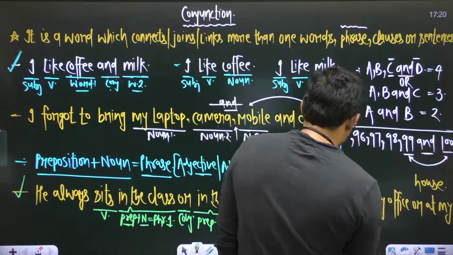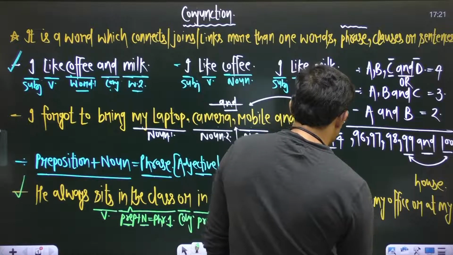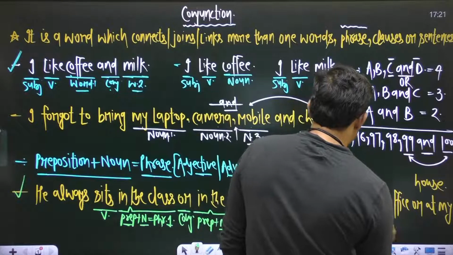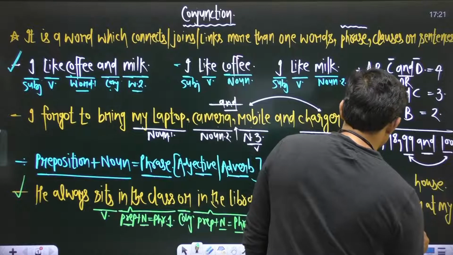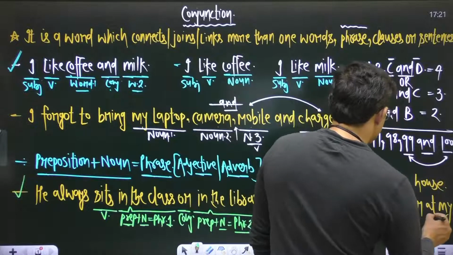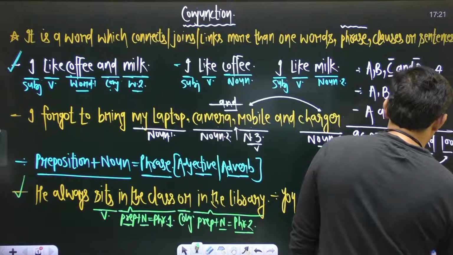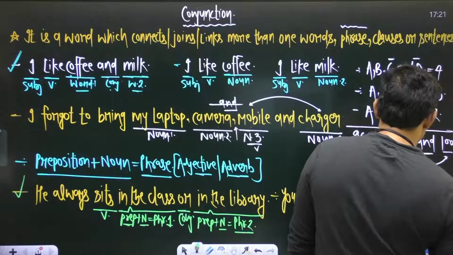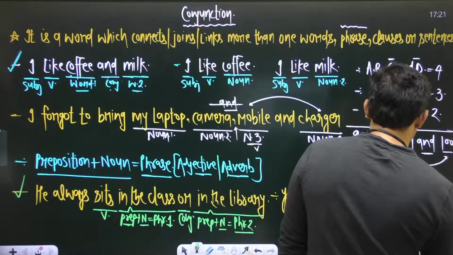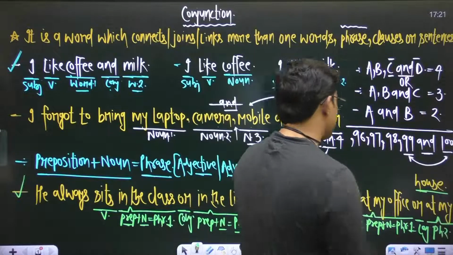This meet is a verb, me is an object, and after the object, at is a preposition, and my office is a noun, preposition plus noun. This is phrase first, and preposition at, my house is a noun, so this one is phrase second. And to connect two different phrases, this word or is a conjunction.